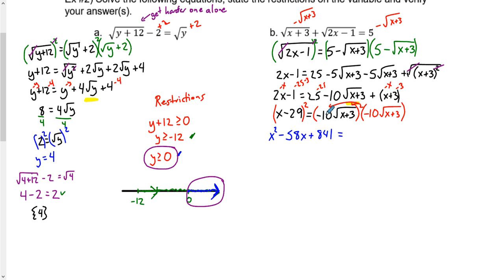So negative 10 times negative 10, or negative 10 squared, is 100 multiplied by root of x plus 3 times root of x plus 3. Well, that'd be an x plus 3 squared. Just like over here, I'm just going to have 100 multiplied by x plus 3.